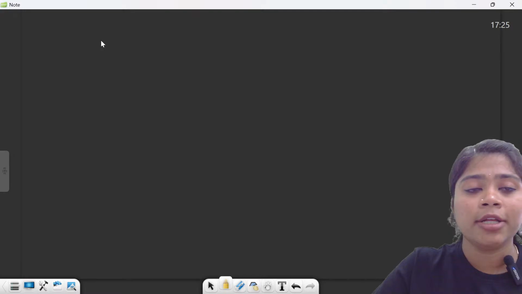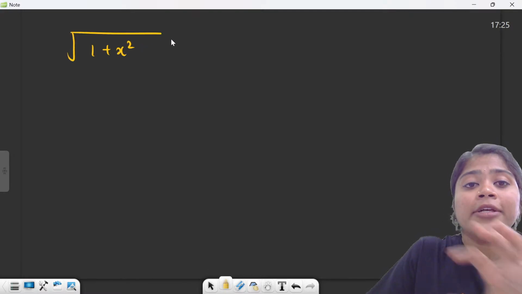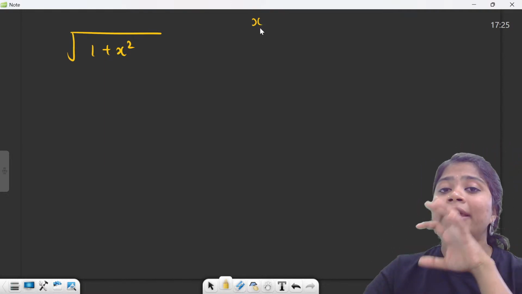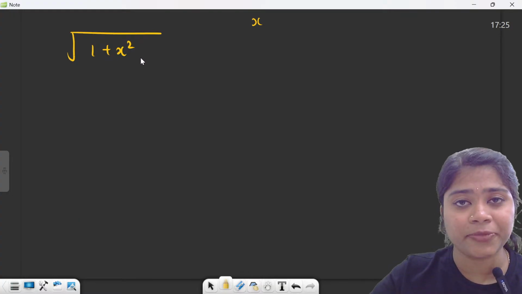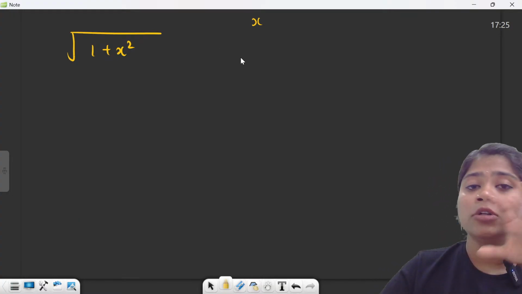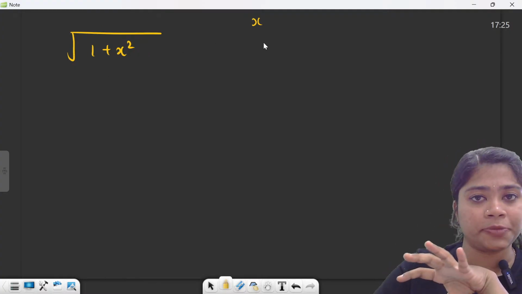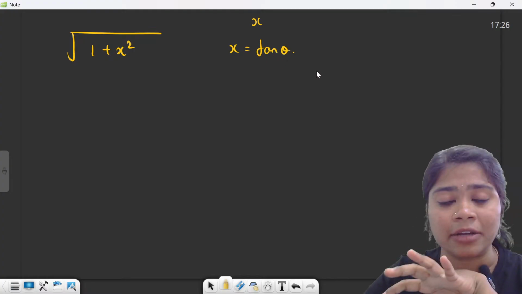Whenever you have root of 1 plus x squared, we want that to be simplified. So what can be the x value I can put here to make this expression simplified? If I put x is equal to tan theta.